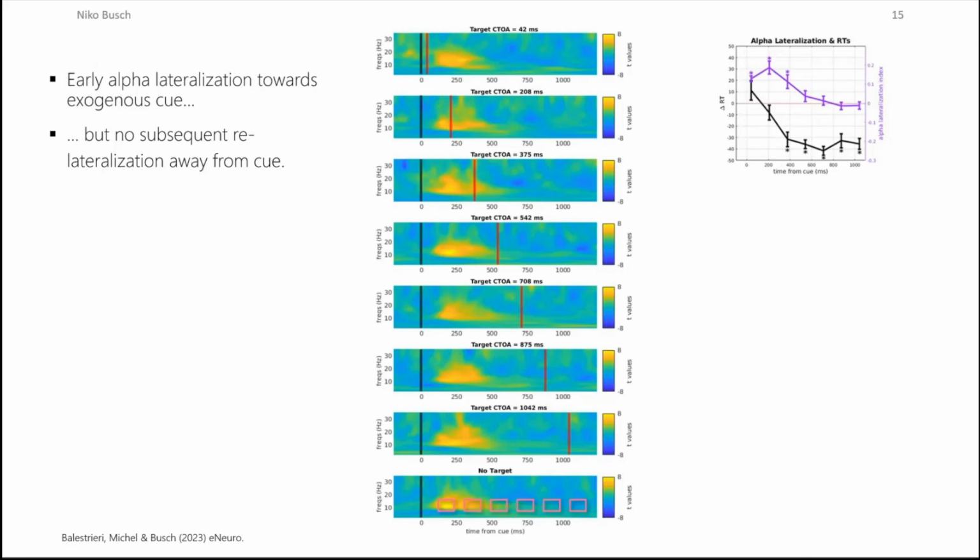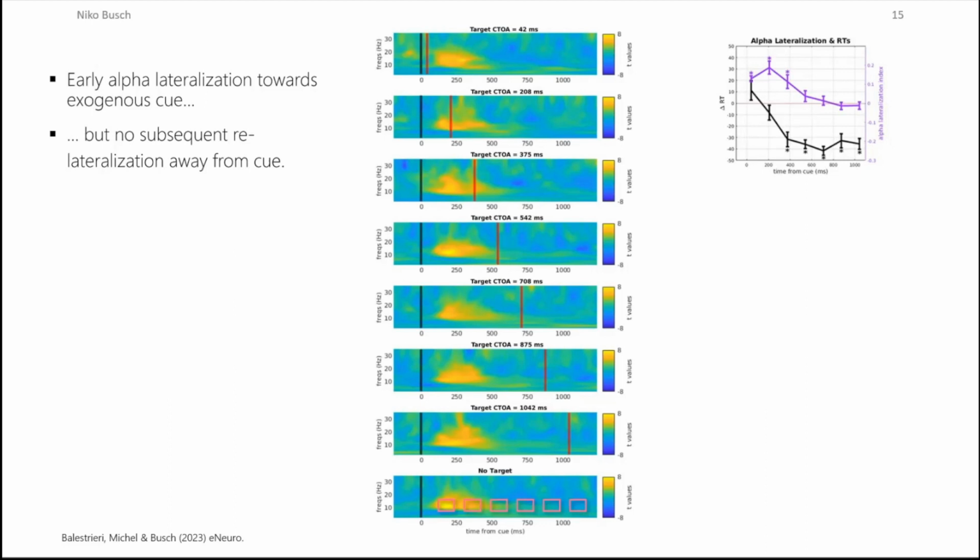What happens as well, I have to speed up a bit, is that while people do that, while we record EEG, people are also making systematic miniature eye movements, microsaccades.